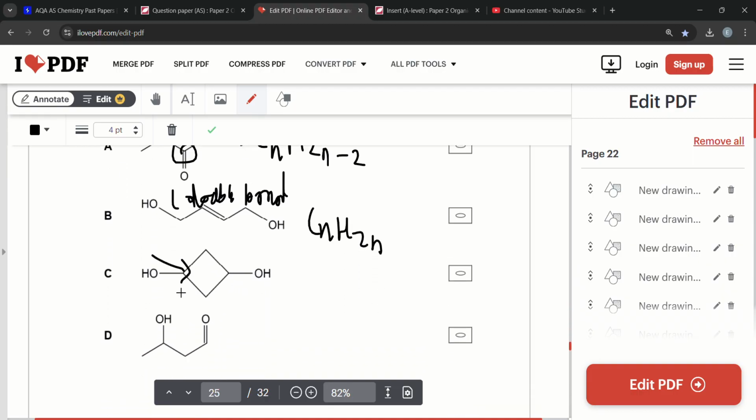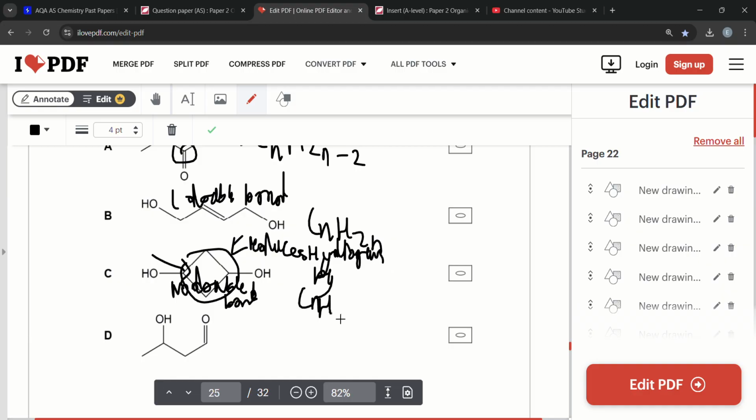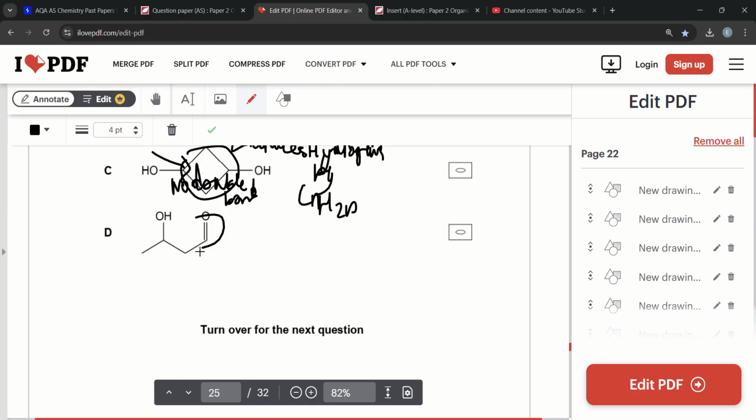In this case, we've got no double bonds, and it's a cyclic structure, and that reduces the number of hydrogens by 2, so that's also going to be CnH2n. And in this case, we've got 1 double bond.